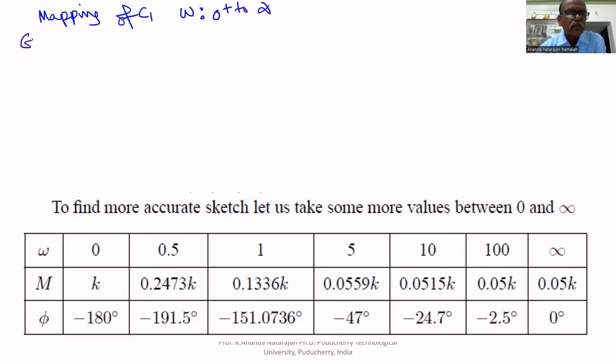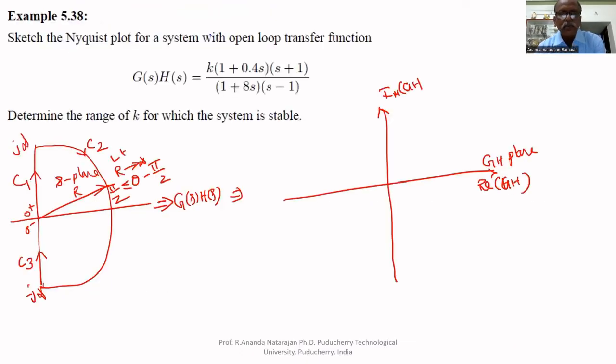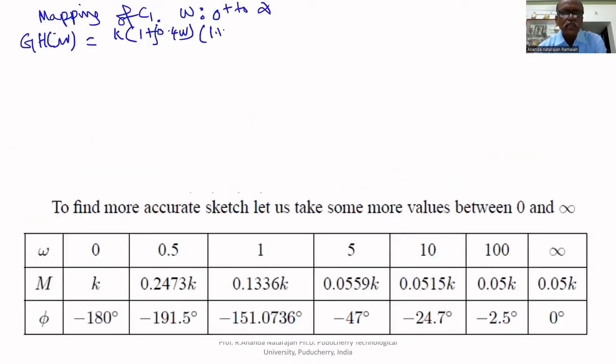What is GH of j omega? GH of j omega equal to K multiplied by (1 plus j 0.4 omega) multiplied by (1 plus j omega), upon (1 plus j 8 omega) multiplied by (minus 1 plus j omega).